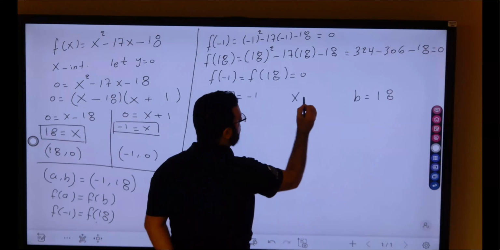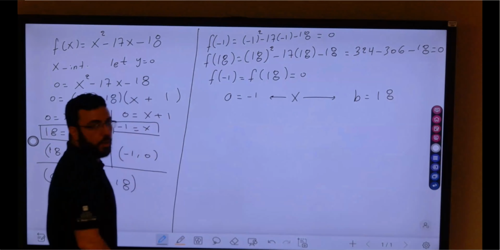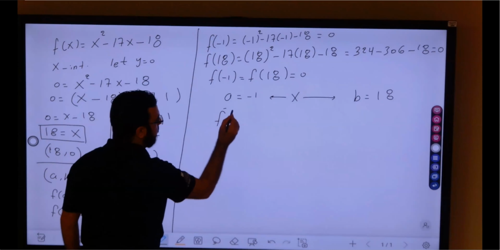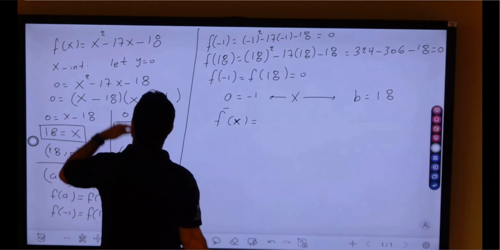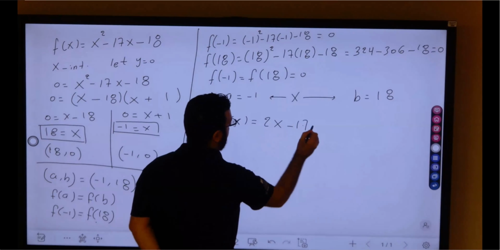There is an x between these two numbers where the derivative for this x equals 0. Then I'm going to find the derivative, which is 2x minus 17.